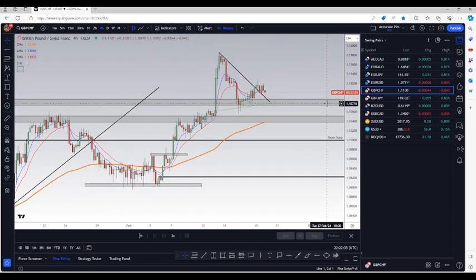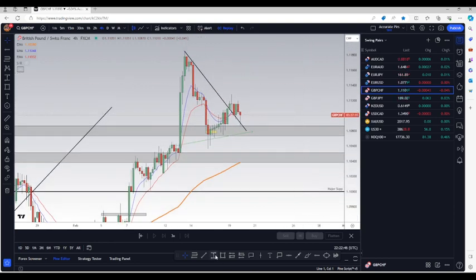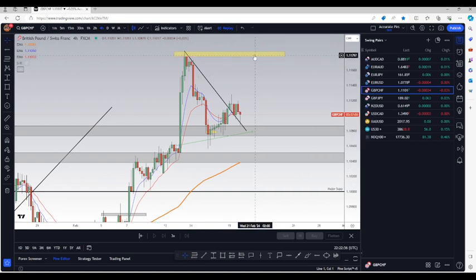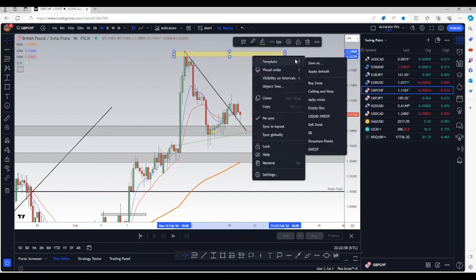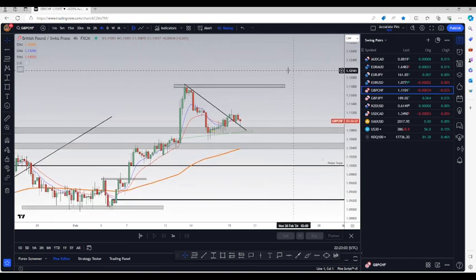I am expecting price now to make its way back up to the 1.118 area, to touch back up around this resistance area at 1.118.